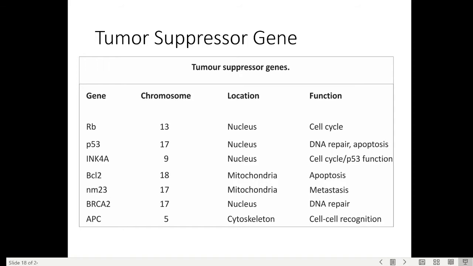P53 helps in DNA repair and apoptosis. Then BCL2 is a gene producing the BCL2 protein, which is present at the mitochondria and helps apoptosis.